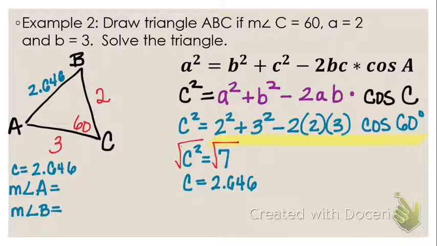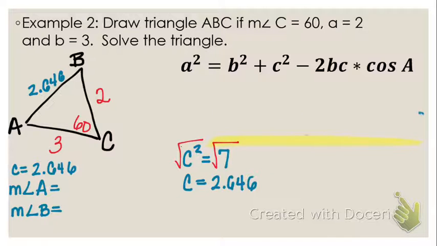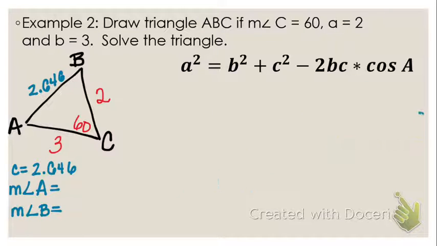So the first thing I want to do is rewrite this using the variables that we're trying to find. Because I'm looking for angle A, I can stay with the law of cosines the way it's written originally, because notice that it already starts with A and ends with A. So I don't need to rearrange my variables.